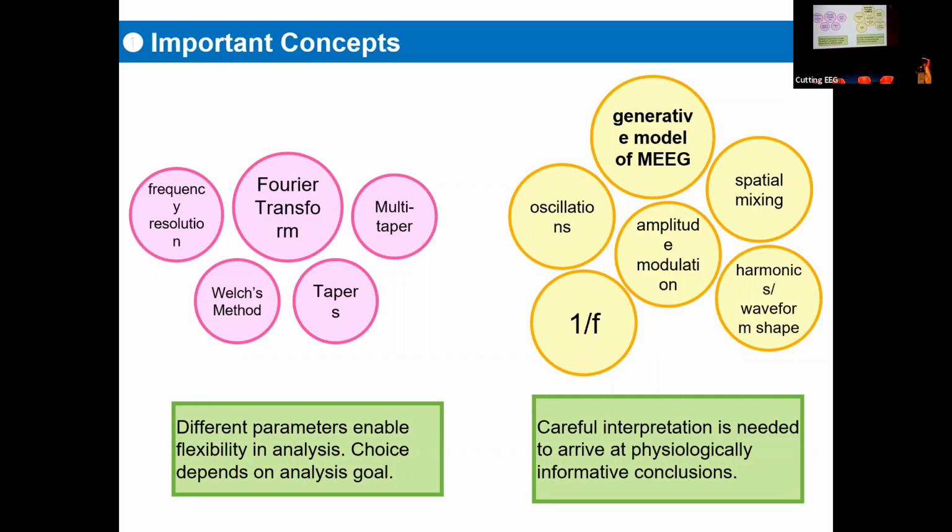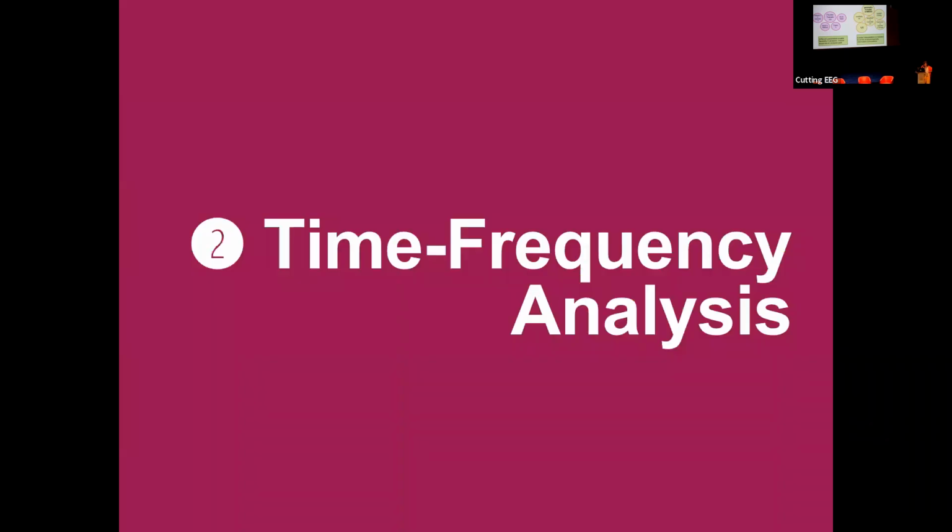And the other important thing that I can say is that you get the numbers, but you still have to do some work in terms of interpretation. That's often much harder than programming a script that runs your frequency analysis. Okay, so that's about spectral analysis.